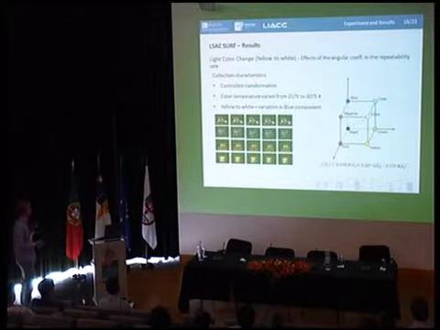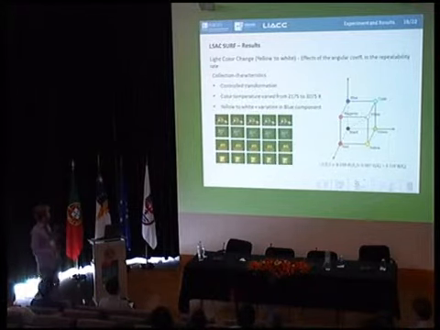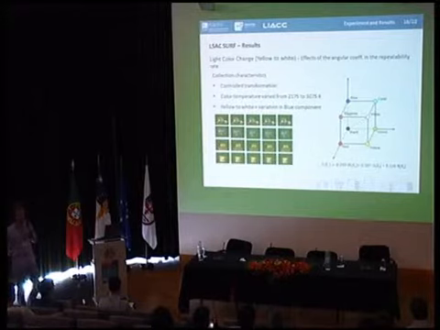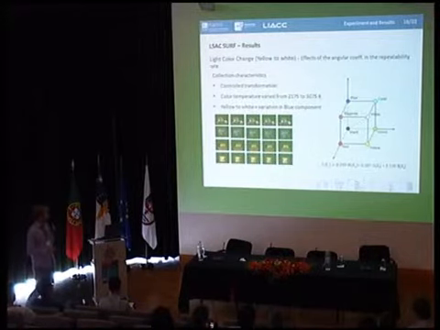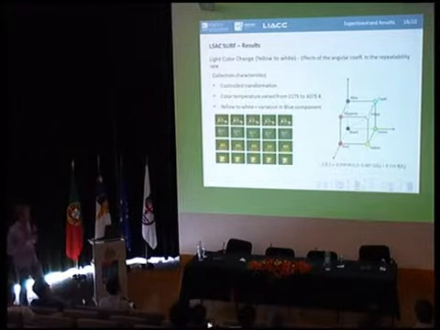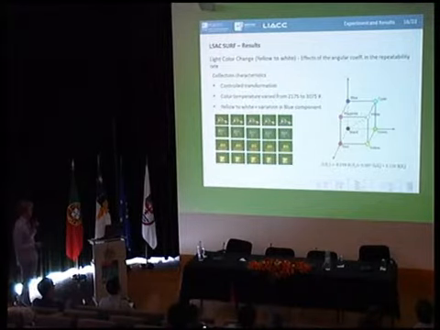Actually, this kind of transformation produces a variation in the color from yellow to white, which is equivalent to a variation only in the blue component of the RGB color space.